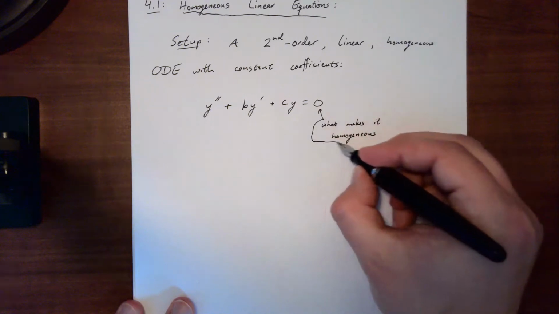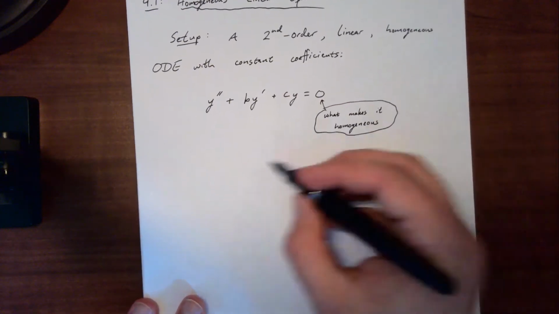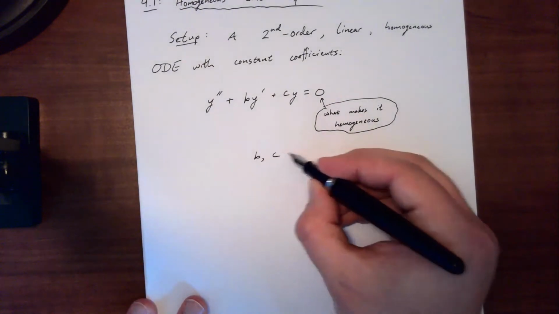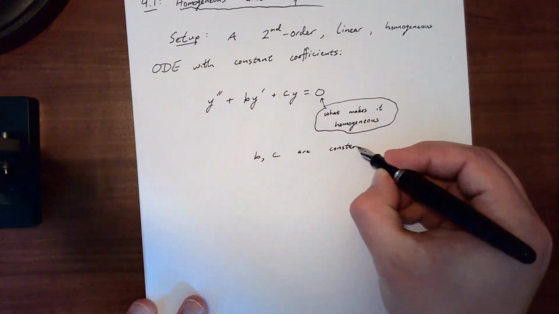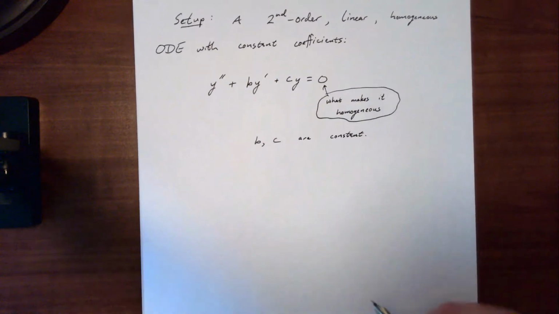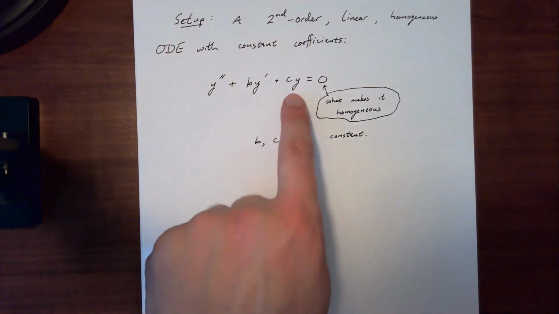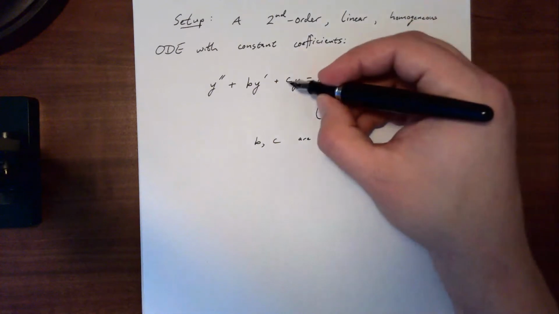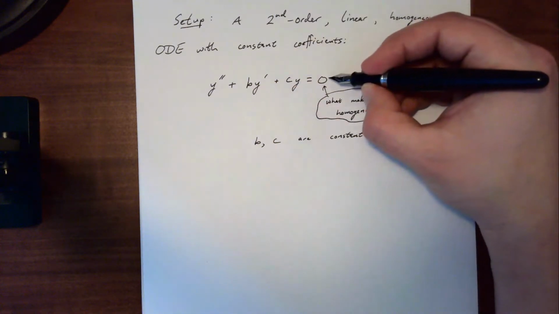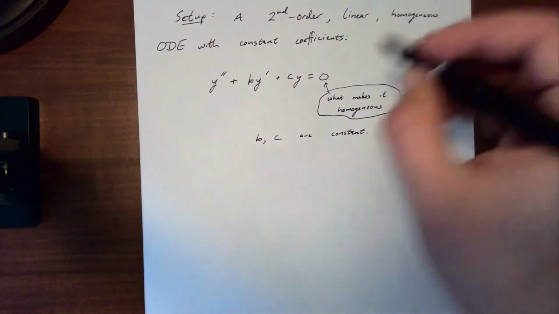And then for the constant coefficients, b and c are constant. So this fits the pattern of linear equations that we've seen, but this is more specialized, because with the linear first order equations, the factor on the y was capable of being something other than a constant, and we had over here what we would call a q.